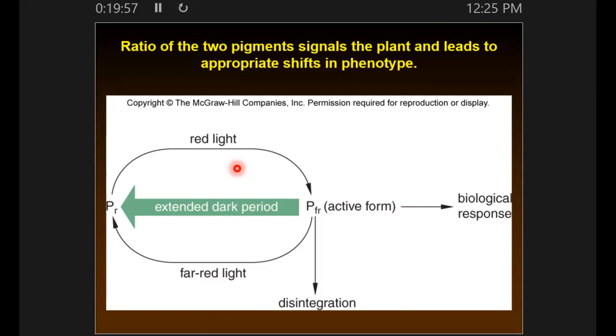And then if that form gets hit with far red light, it shifts back to the P sub R. And yes, the P sub FR is active in the sense that it directly will interact with the DNA and alter gene expression. But the plant is also assessing how much P sub R do I have. It's really assessing both, how much P sub R, how much P sub FR, and that is helping regulate its behavior to its environment.